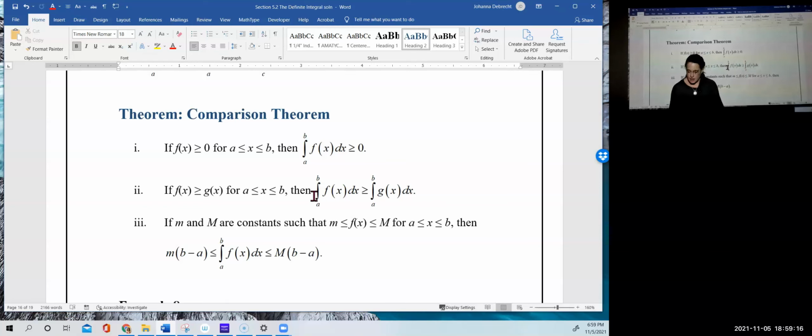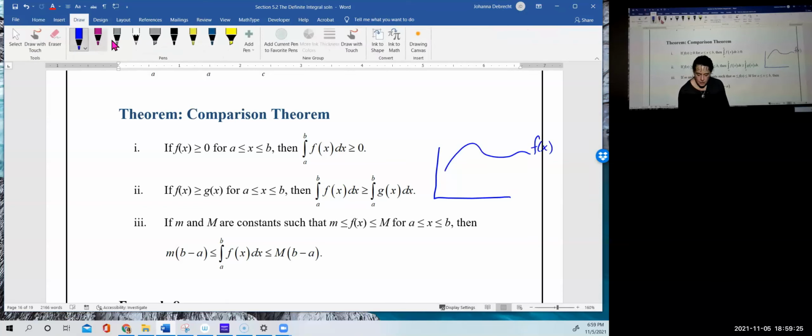If you think about this one, you can think about having two curves. We'll call this one f of x. And then we can have another curve below it. We'll call this one g of x.